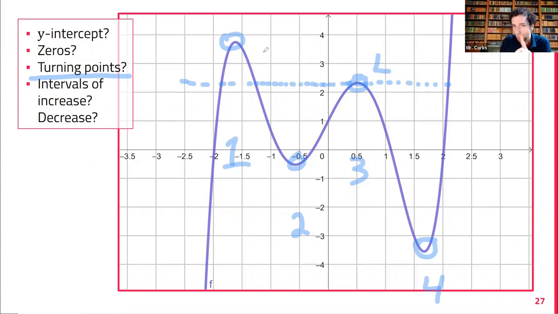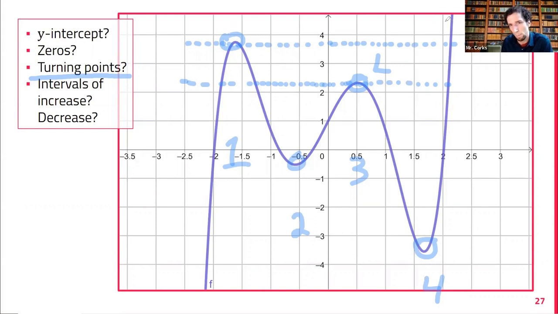It is the highest maximum turning point, but we don't really care about that. The important thing is is it the highest overall point of the function? So global maximum would mean if I draw this horizontal line across, there is no other point on the function anywhere, not just maximum points, but any point on the function that is higher than this line. Is there a point higher than this line?